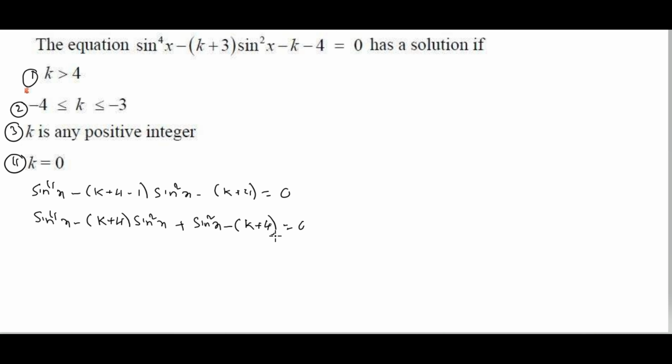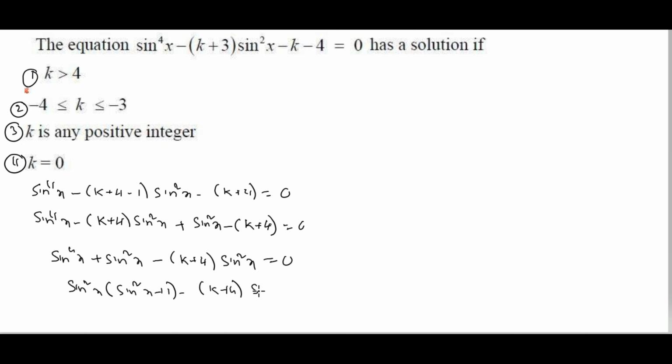From these two terms, k plus 4 common, that is sin power 4x plus sin square x minus k plus 4 into sin square x is equal to 0. From this, sin square x take common, sin square x into (sin square x plus 1 minus (k plus 4)) is equal to 0.